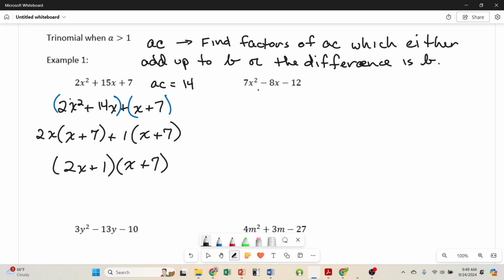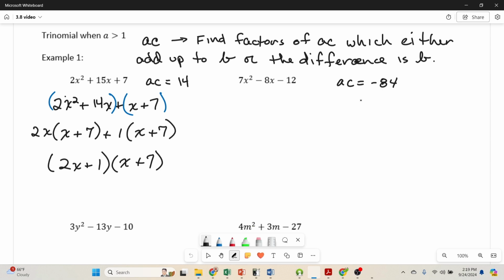So let's take a look at this one. 7 times negative 12, so AC is equal to negative 84. Okay, so AC, as we said, is equal to negative 84.